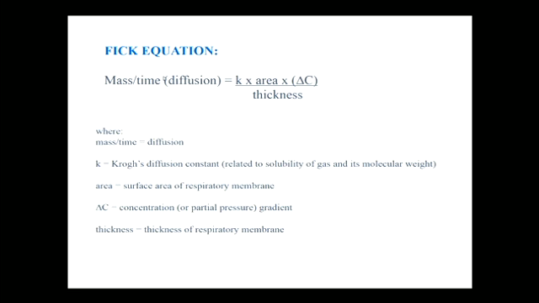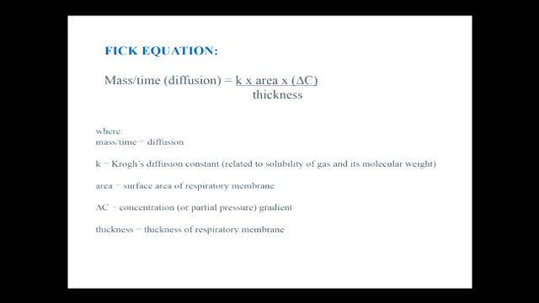How effectively you diffuse, in this example, gases, can be calculated by 4 basic factors. So any of these can change and it will change the rate of diffusion. So if you increase any of these top ones, you'll increase the rate of diffusion. If you increase the bottom one, you'll decrease the rate of diffusion because it's inversely proportional.